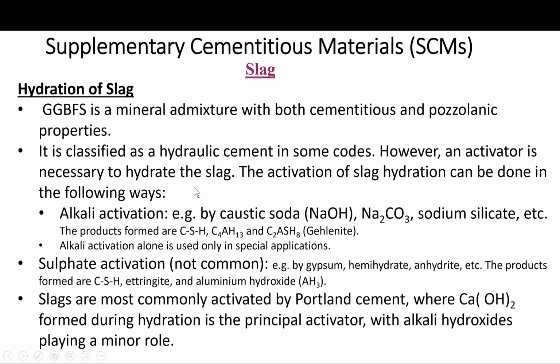Alkali activation may be used, for example by caustic soda, calcium hydroxide, calcium carbonate, sodium carbonate, sodium silicate, etc. The products formed in this case are calcium silicate hydrate and some calcium aluminate hydrate and calcium aluminate sulfate hydrate products, like gehlenite.